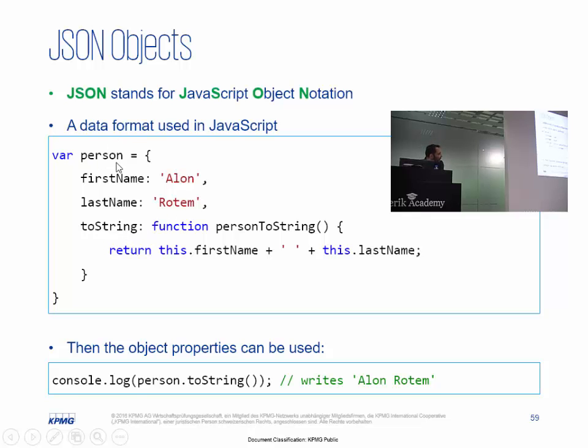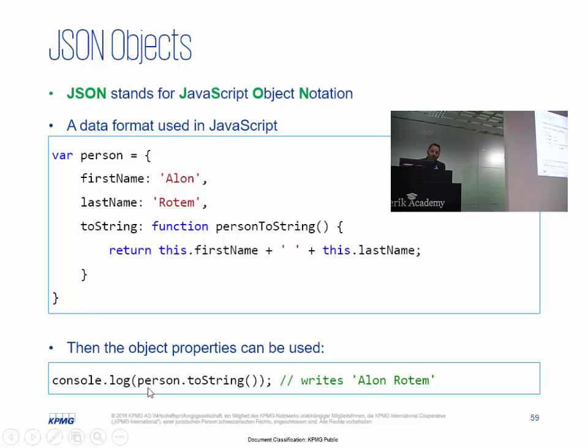So for example, this object, person, has a property first name, which is assigned a value, last name assigned a value, and toString, which is assigned a method. Here, a function. So once we assign all this to this variable, it will have these properties, and this function as a method.